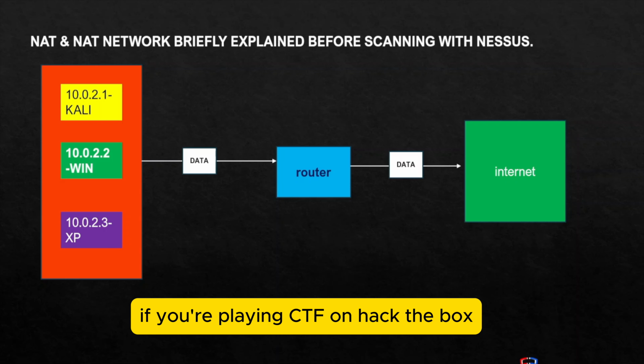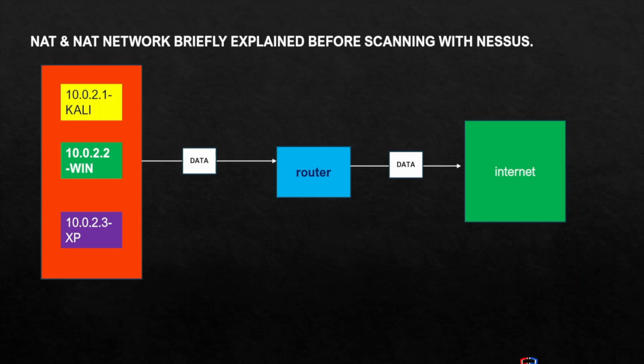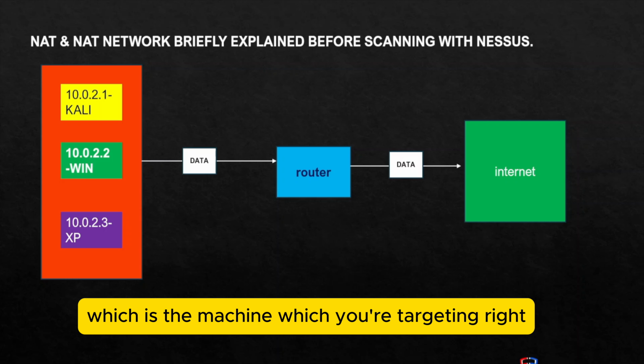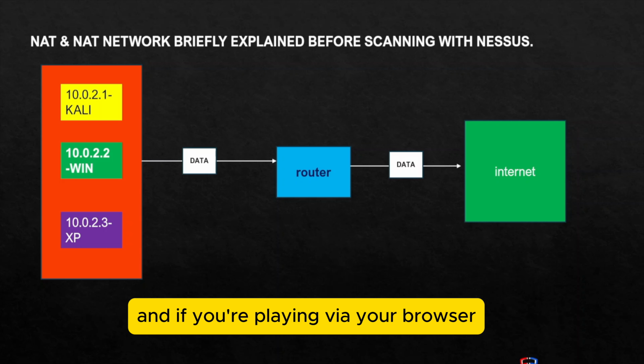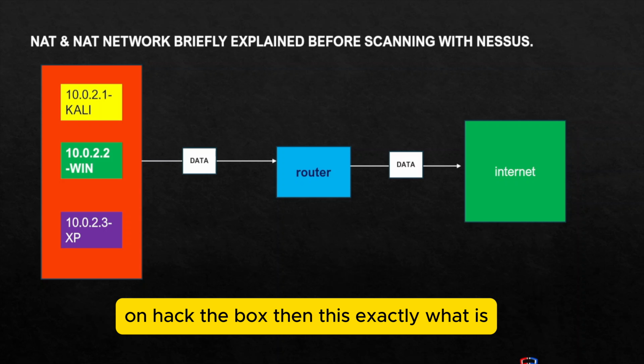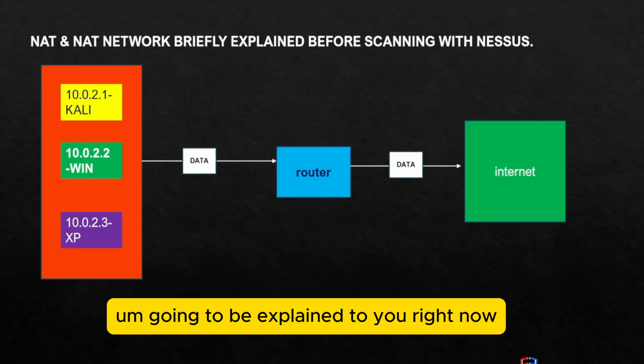For instance, if you're playing CTF on Hack the Box, sometimes you'll be given an IP address, which is the machine you're targeting, right? And if you're playing via your browser, you're attacking via another virtual machine on Hack the Box, then this is exactly what is going to be explained to you right now.